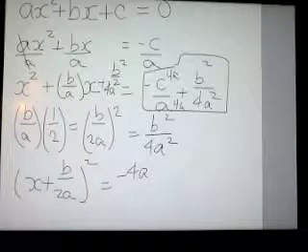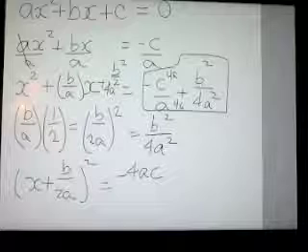So we multiply the c by 4a, and this by 4a as well. By doing that, we get negative 4ac over 4a squared plus b squared over 4a squared.